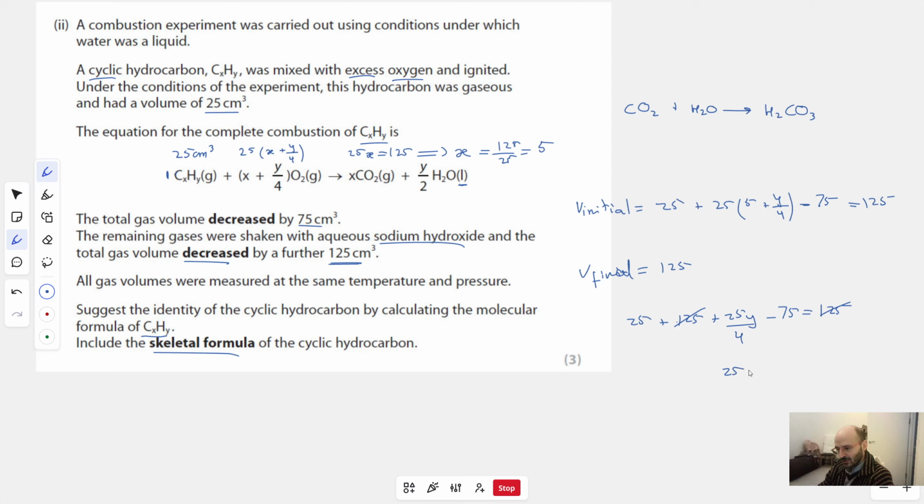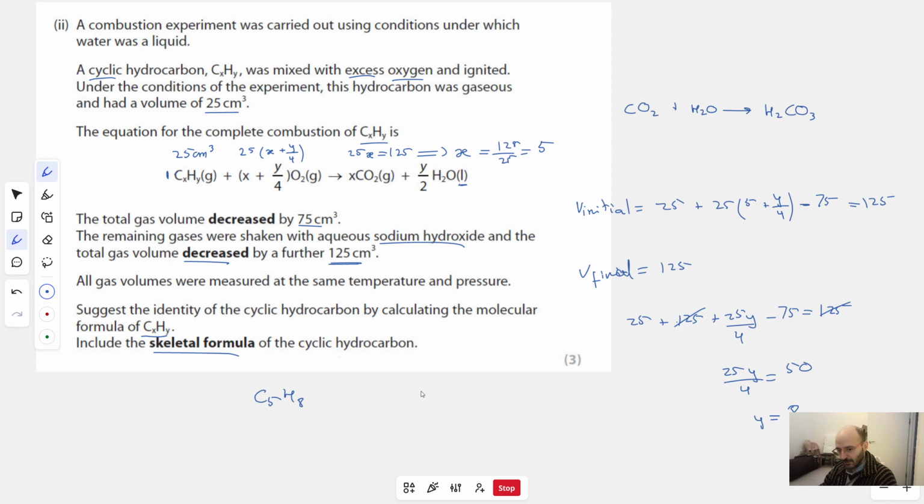Therefore 25y over 4 equals 50. If you do 50 times 4, that's 200. 200 divided by 25 is 8. So your formula is going to be C5H8.